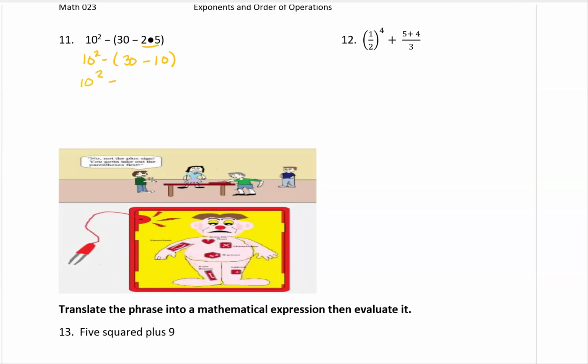I have 10 squared minus, 30 minus 10 is 20. Next, I'll do the exponent. 10 squared is 10 times 10. So that's 100. 100 minus 20 is 80.